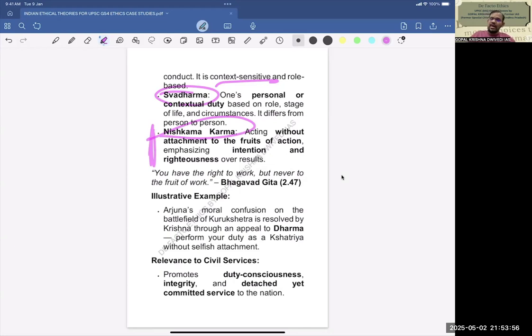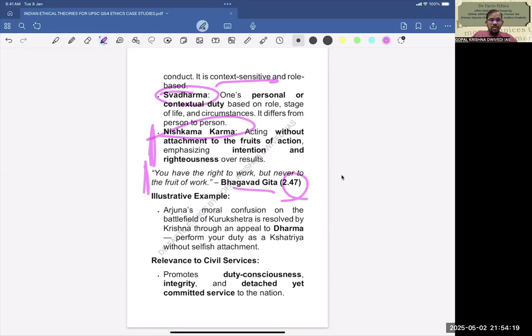Both are almost equivalent. Bhagavad Gita, chapter 2, verse 47 says: you have the right to work, but never to the fruit of the work. This is the shloka given in the Gita and often quoted.